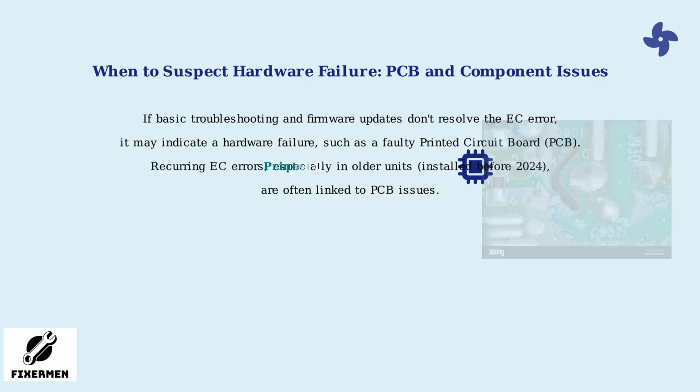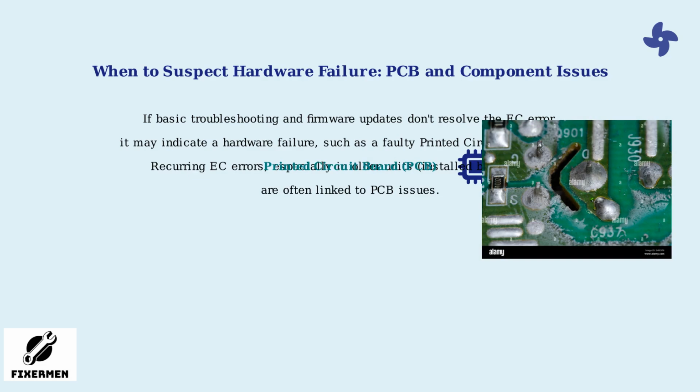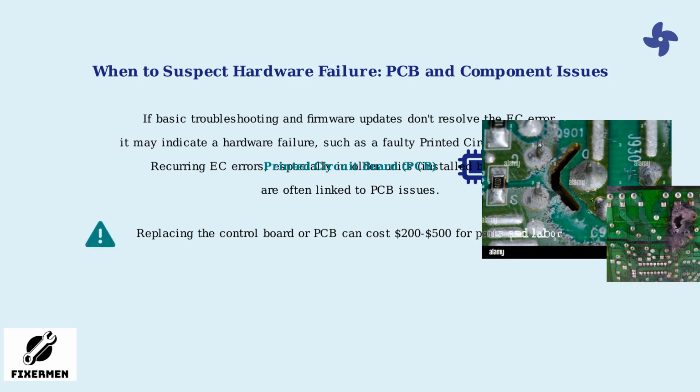Recurring EC errors, especially in older units installed before 2024, are often linked to PCB issues like corrosion, cracks, or burn damage from power surges. Replacing the control board or PCB can cost $200 to $500 for parts and labor. This is a more serious repair that may require professional service. Always check if your unit is still under warranty for potential coverage before proceeding with repairs.